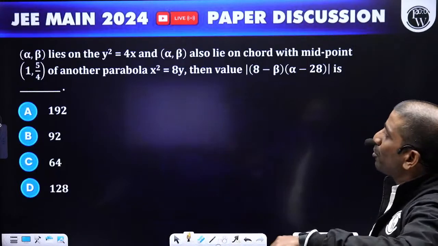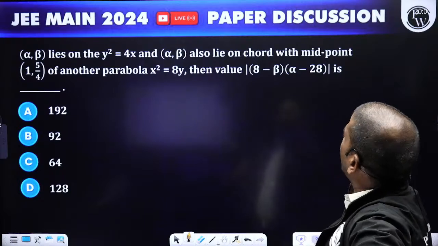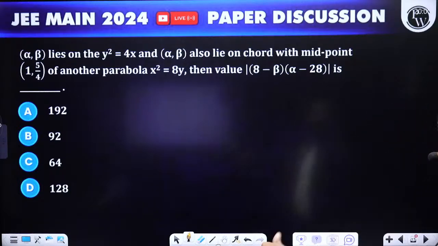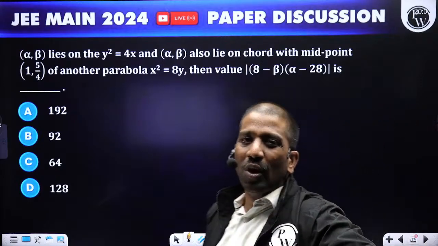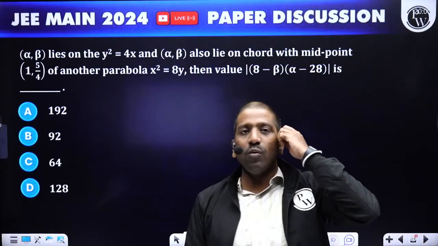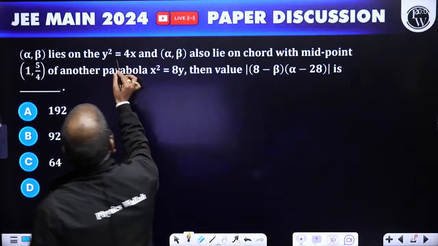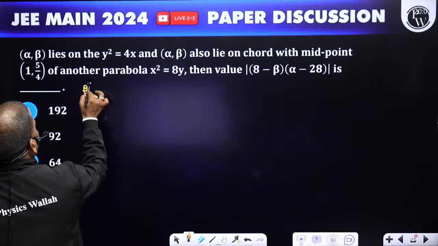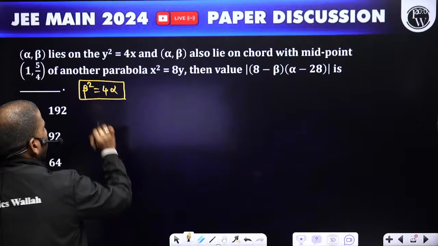When we consider the geometry question, alpha beta lies on y square is equal to 4x, and alpha beta also lies on the chord with midpoint 1, pi by 4 of another parabola x square is equal to 8y, then find the value. So it is also a simple question, a basics of geometry. So what are the 2 points? Alpha beta lies on the curve. So that means beta square is equal to 4 alpha. In order to find alpha beta, it may be required.